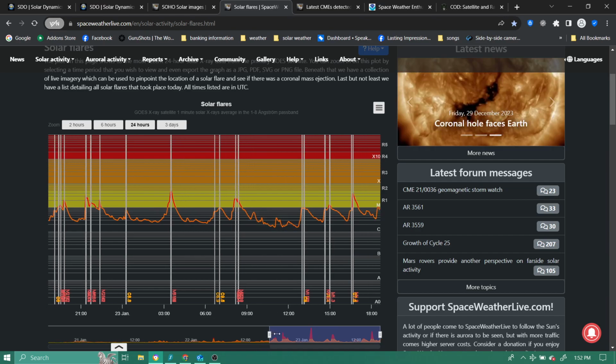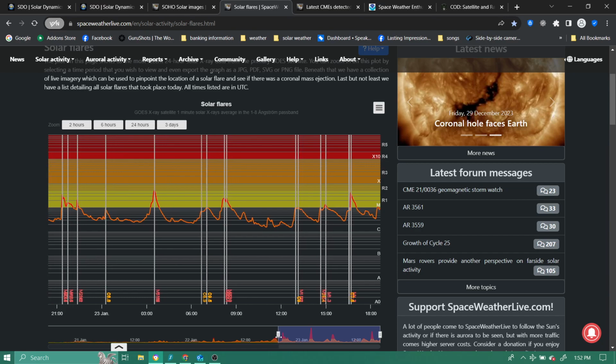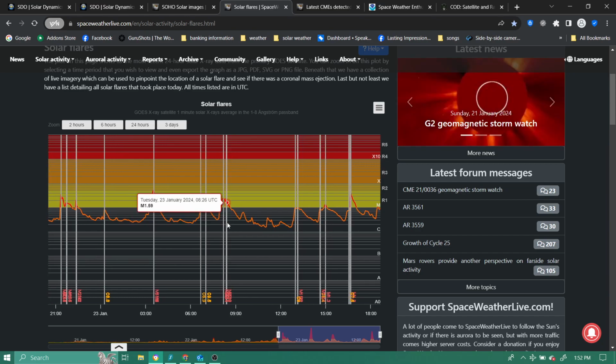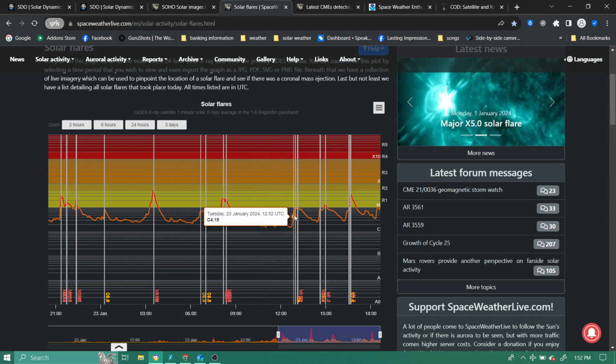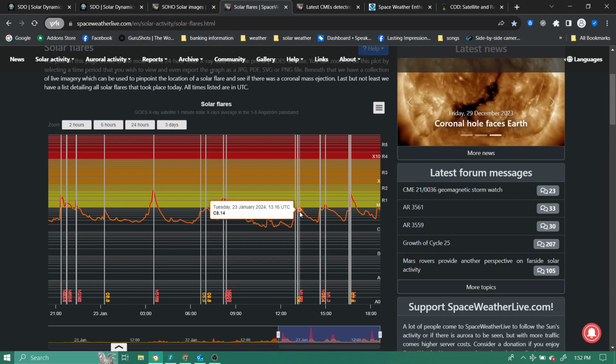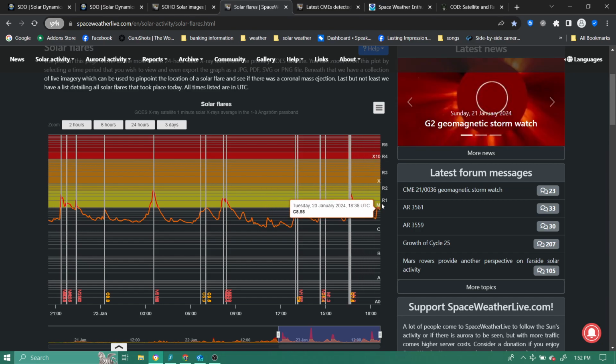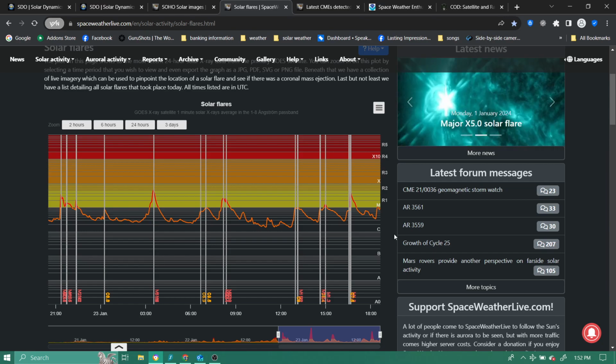Let's pull this in a little bit so you get a better picture. Separate these out a little bit. So you've got 2 M-class flares here, and then it drops back down. Now you have a C and an M, 2 M's there. You have long duration M's there. You have long duration C and M there, and another C. So you have constant flaring going on from these, probably your sunspots.